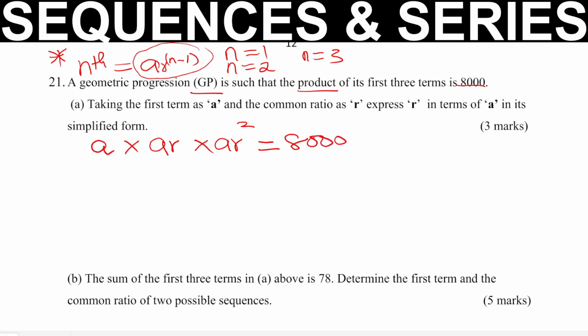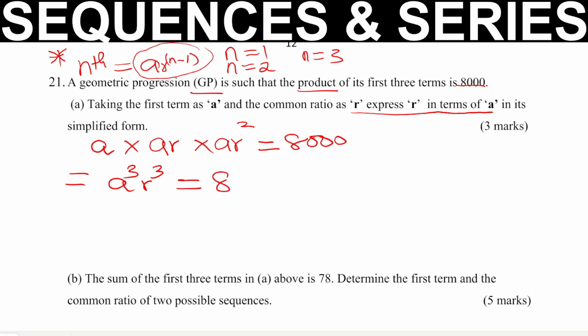Now you're supposed to express R in terms of A in its simplified form. So in simple terms, we need to make R the subject of the formula. So multiply everything here. A times A times A will give A cubed. Then R times R squared will give R cubed.